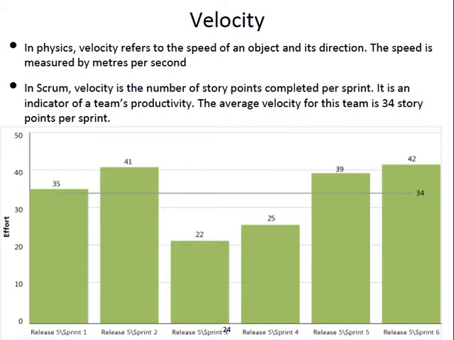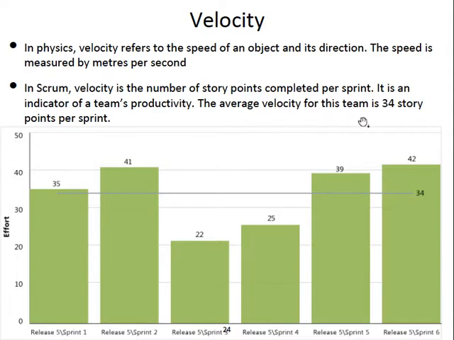Velocity is, I guess, the speed plus direction. But in Scrum, we assume just one direction going to complete, okay? So I guess we can ignore the direction part and just focus on the speed part.